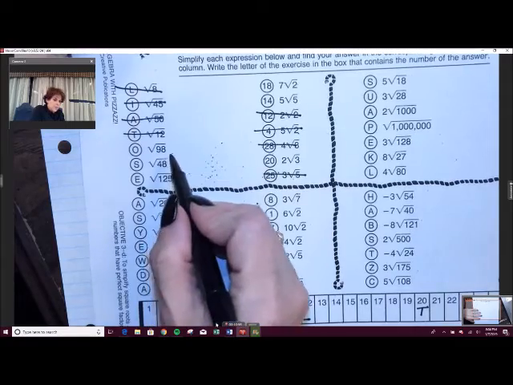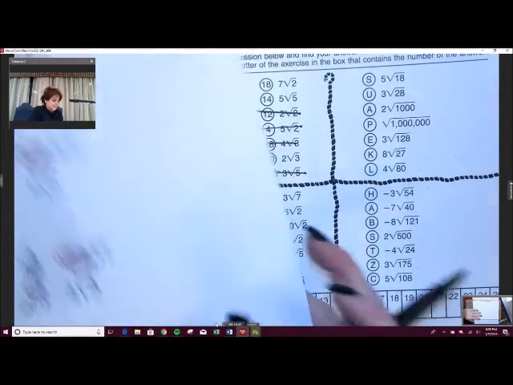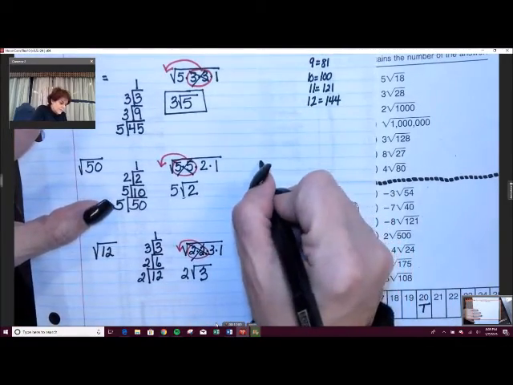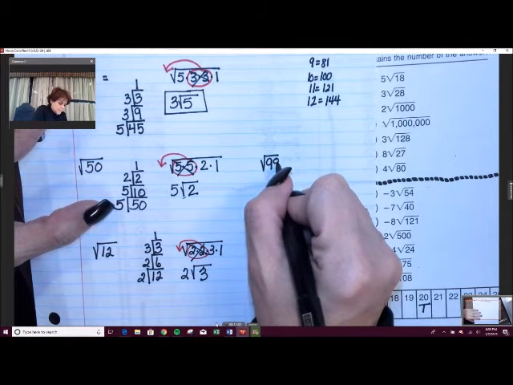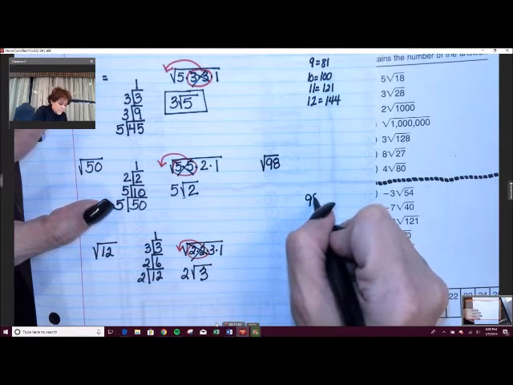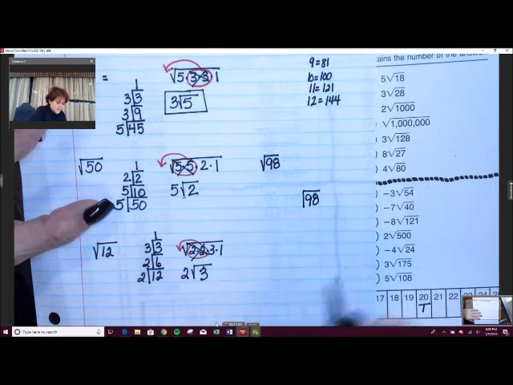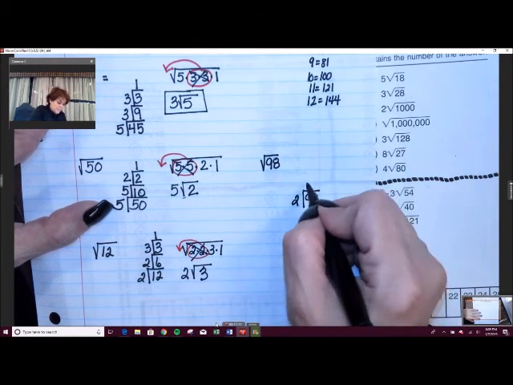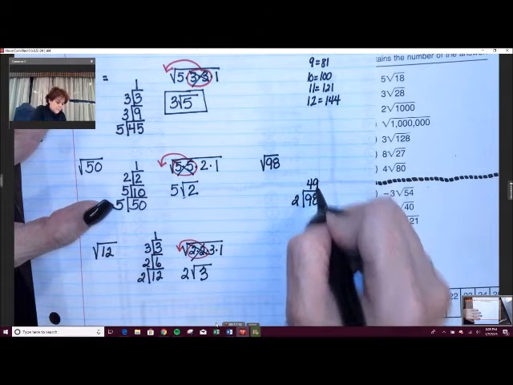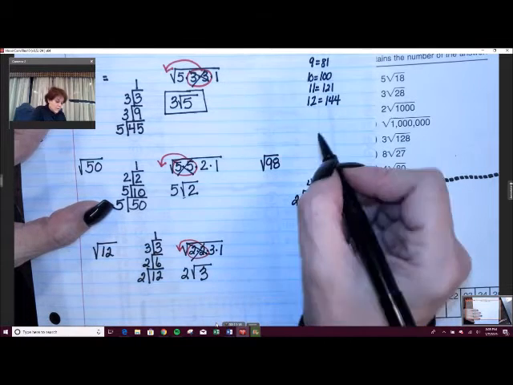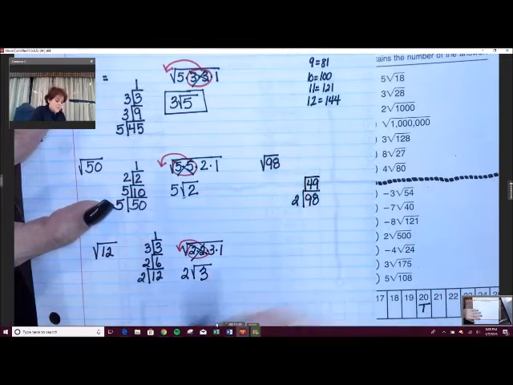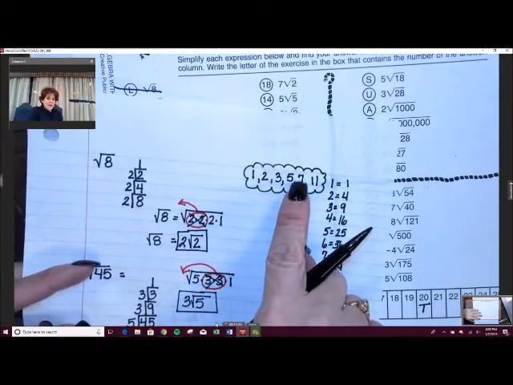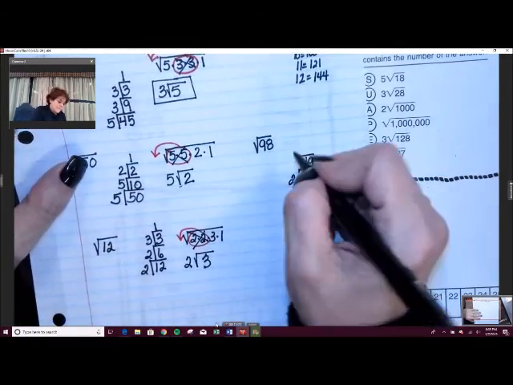All right, so 98. I'm going to do this one. This one's going to be big. Let's start with 2. I'm going to divide this one. I can't do 2, but 49, I'm thinking I could use that 7 right there.